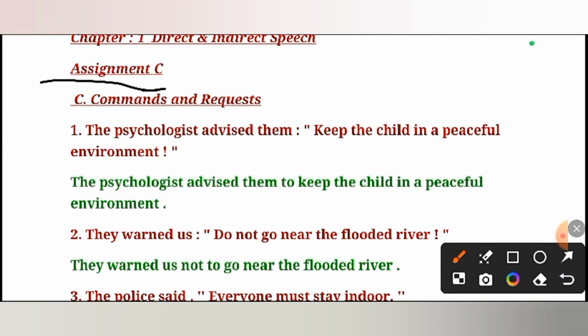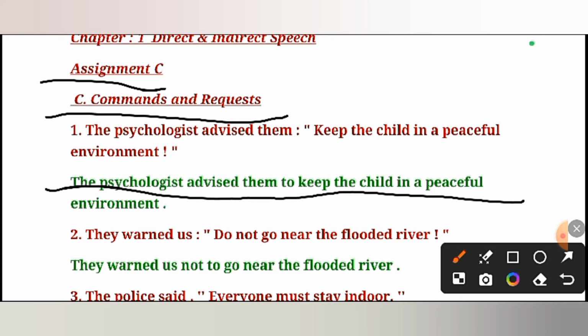Now assignment C is talking about commands and requests. First, the psychologist advised them, keep the children in a peaceful environment. So simply you will use, the psychologist advised them to keep the children in a peaceful environment. See what is the rule for changing direct into indirect speech when we have commands and requests, that is, the imperative sense.